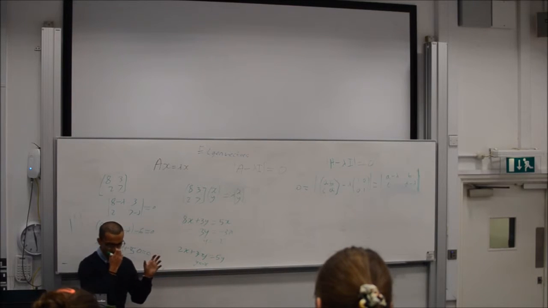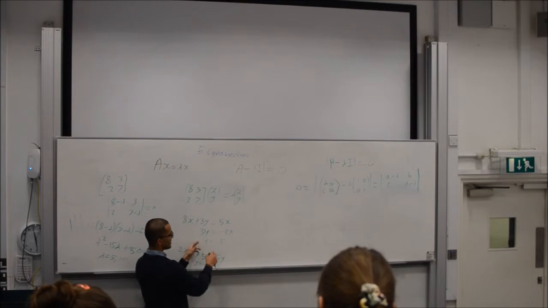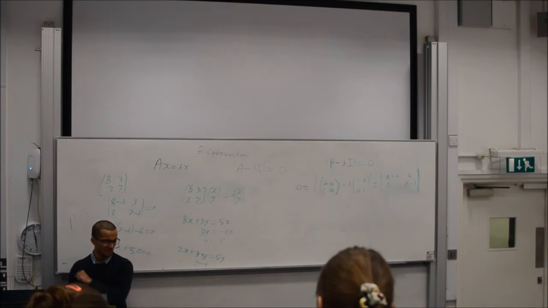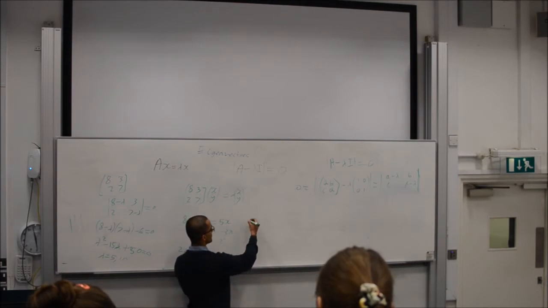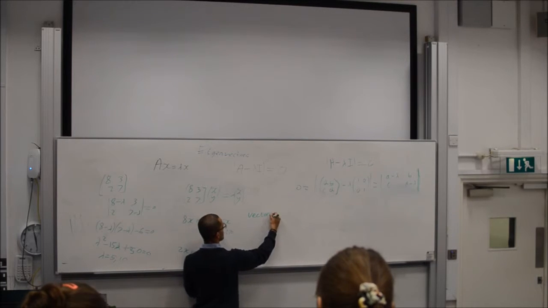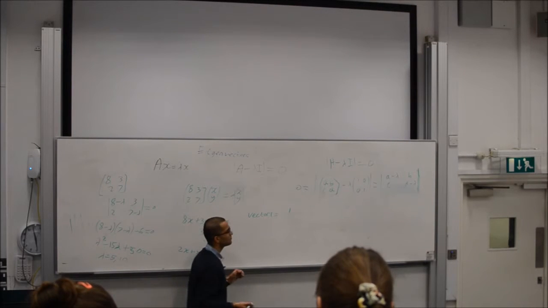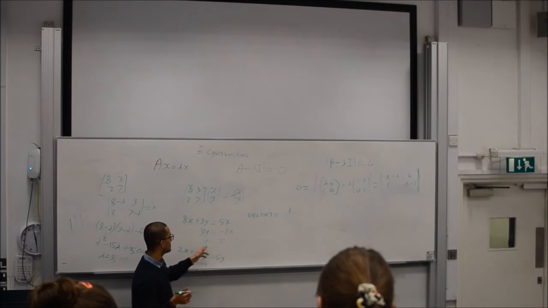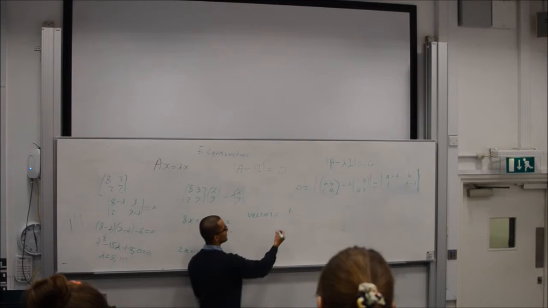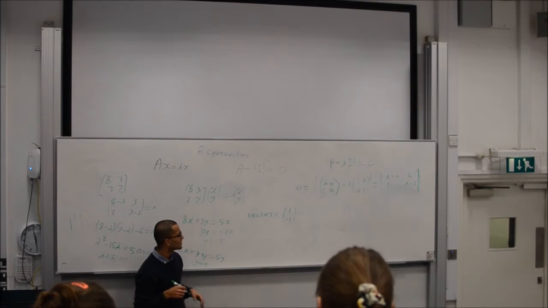So now we know a line that our eigenvector lies on. Our eigenvector 1 has to lie on this line. If I choose some x value, say 1, and put it into the equation, y will equal minus 1. That's our first eigenvector.